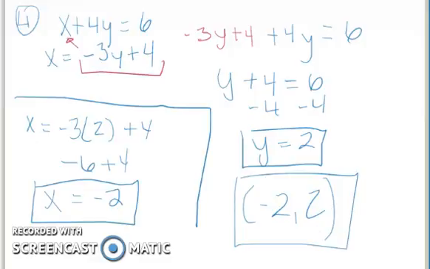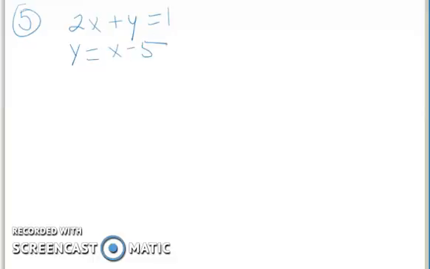All right, we have another substitution problem coming up on number 5. We get 2x plus y equals 1, and y equals x minus 5. Again, we're going to substitute our values in, so this is going to get subbed in for y.